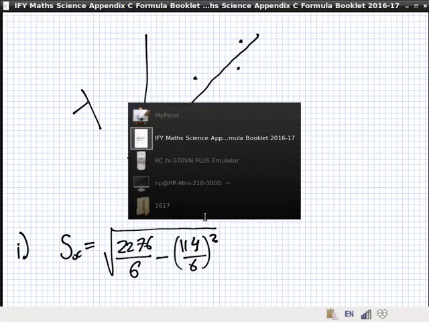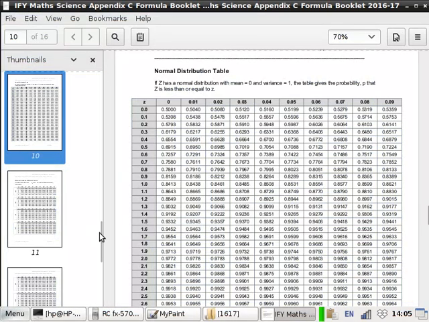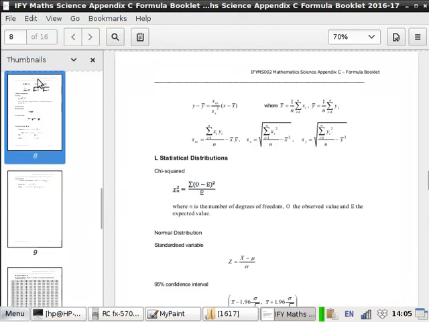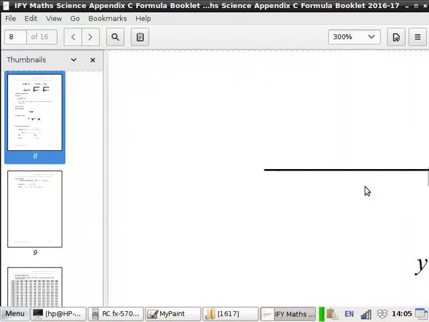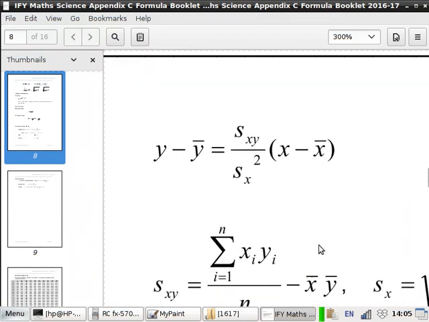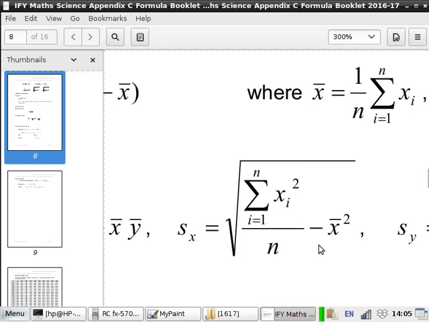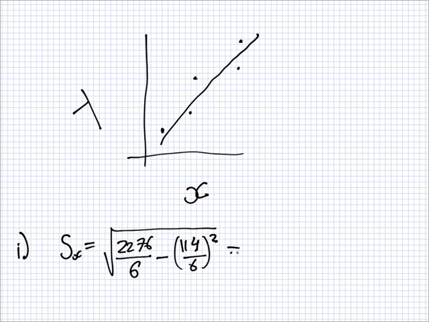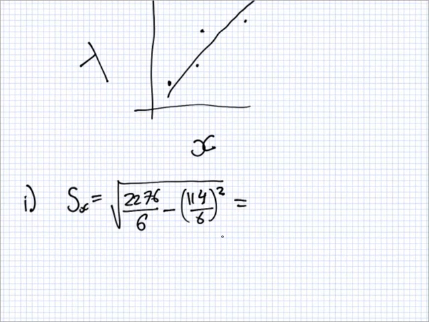I think it is. Let's just double check it. Okay, so Sx is square root of sum x squared over n, yeah, that's it. Okay, can somebody type that in, please, and tell me what you get?